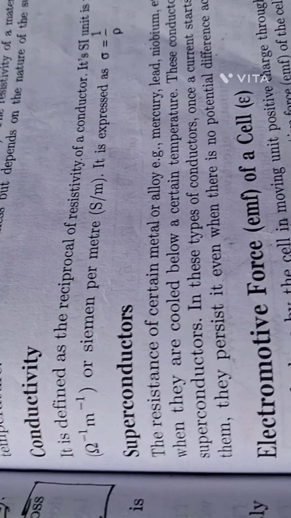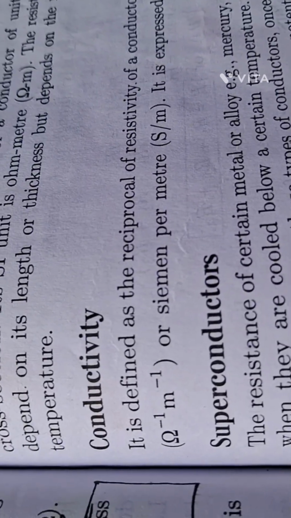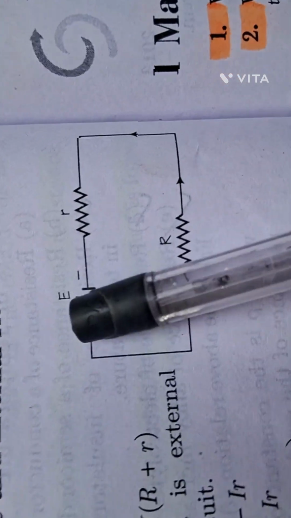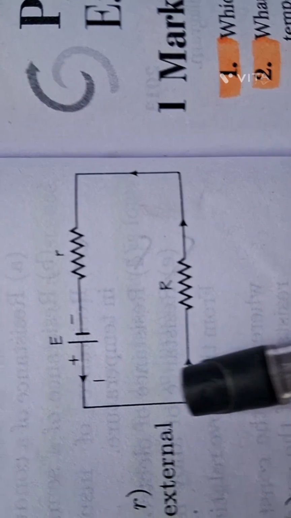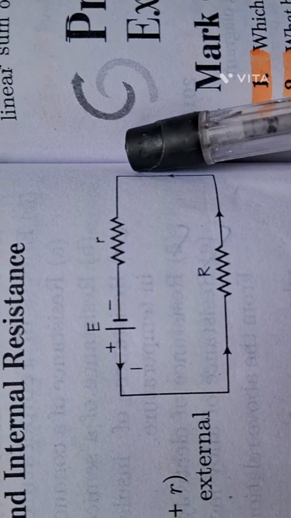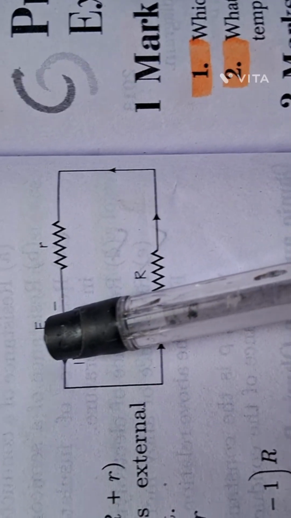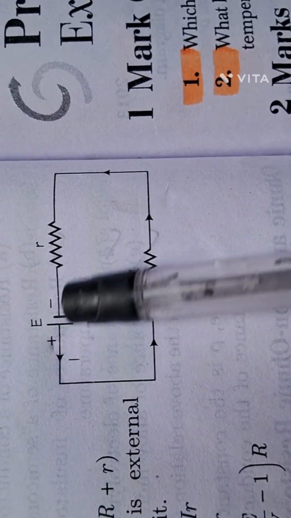For example, if you have a 1.5 volt battery, from the positive terminal it would move into the negative terminal. Please understand, the current would flow from positive, move through the resistance, and then move into the negative. So positive character is reduced, negative character is increased.